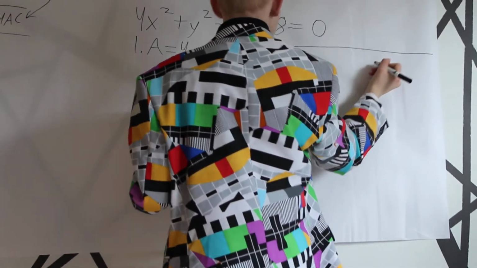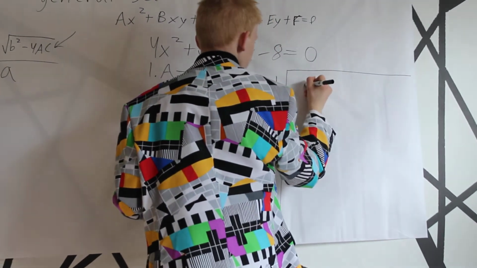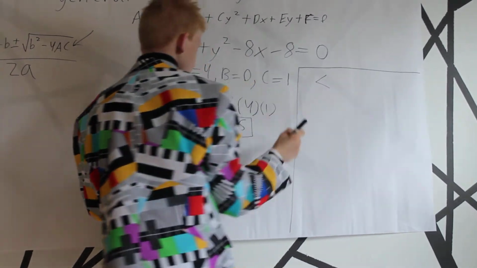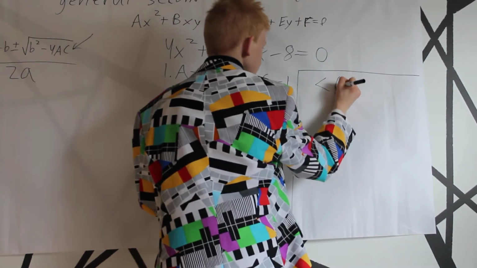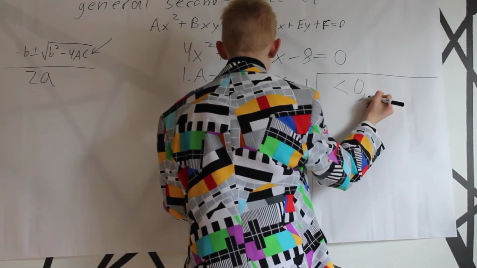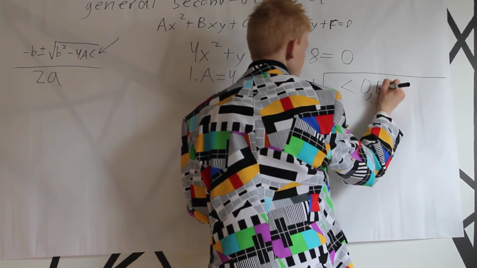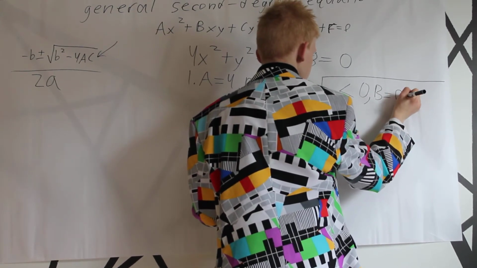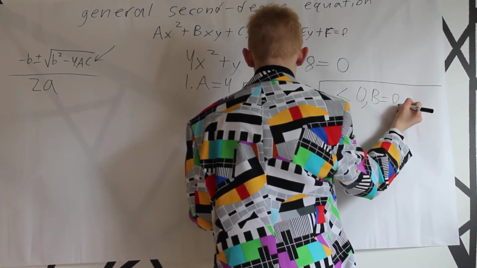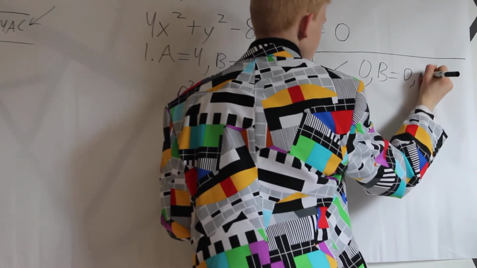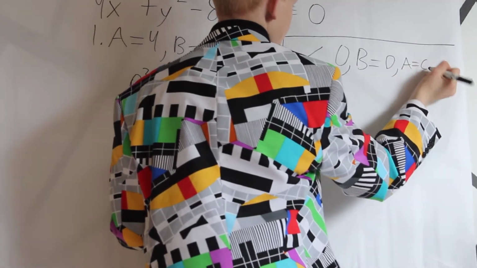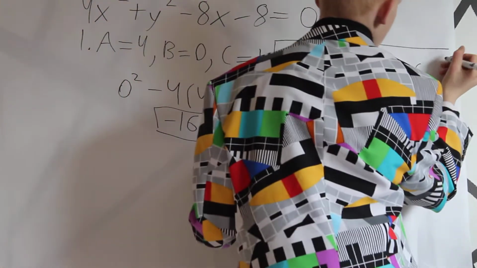If it is less than 0, this number right here, which is the discriminant, if it is less than 0, and b equals 0, and a equals c, then it is a circle.